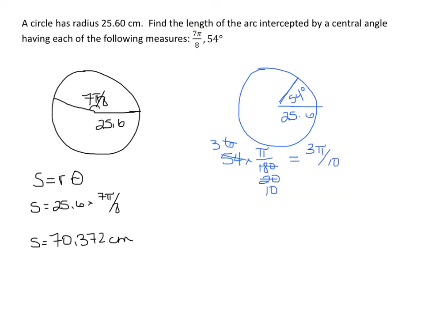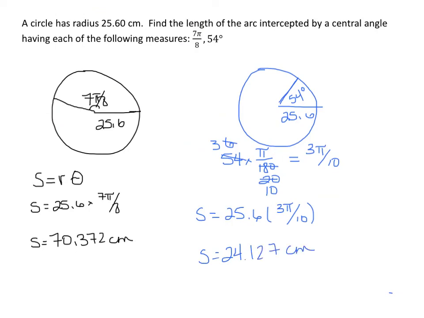From there, I can go back to my formula. So S is equal to 25.6 times 3 pi over 10. And I get 24.127 centimeters.